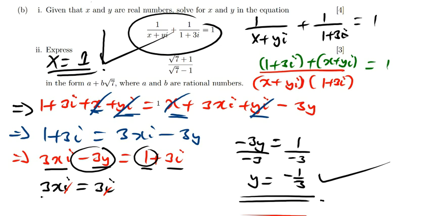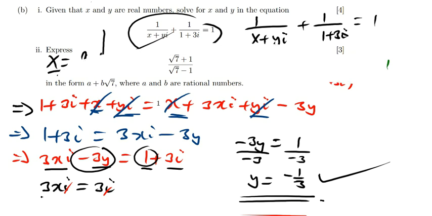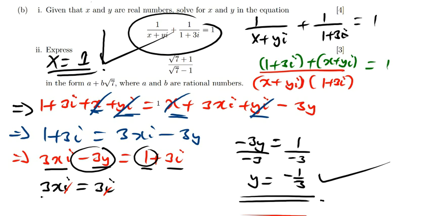So that is it for B1. We have managed to find these answers. The answer is x is equal to 1 and y is equal to negative 1 over 3.